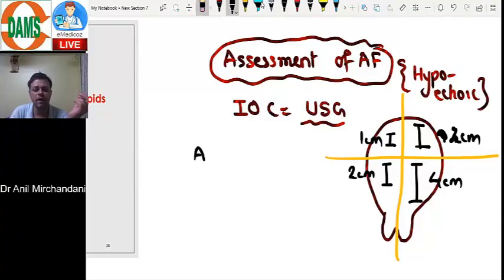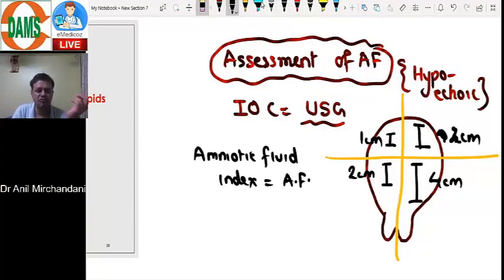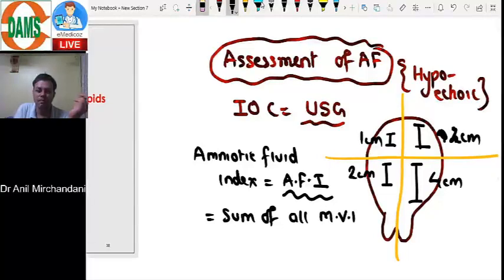There's something called amniotic fluid index, AFI. It is the sum of all maximal vertical pockets or single deepest pockets of 4 quadrants.